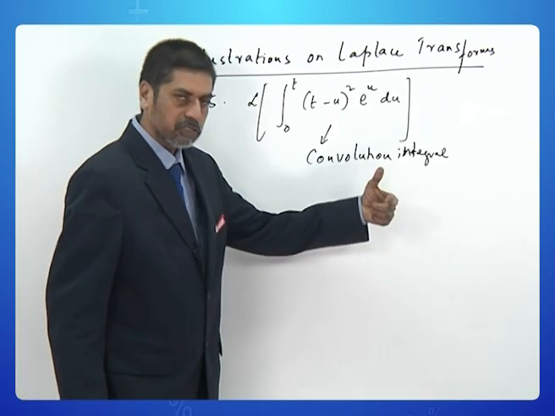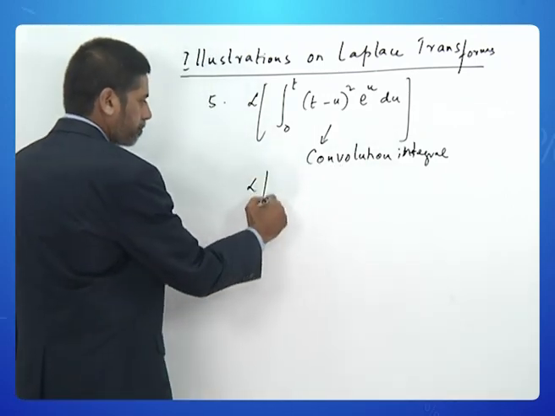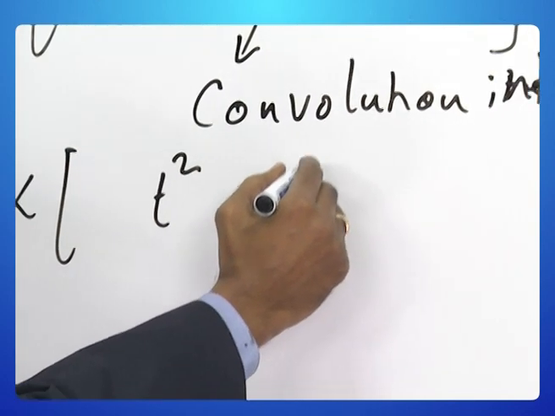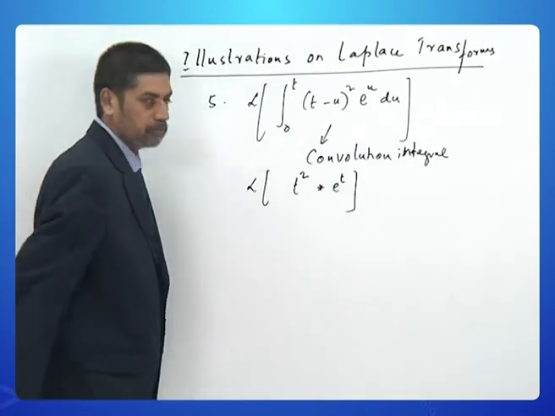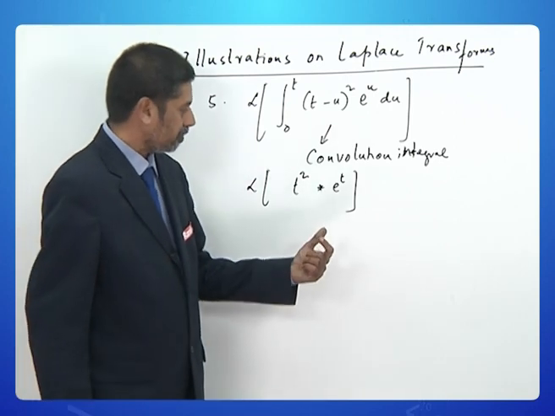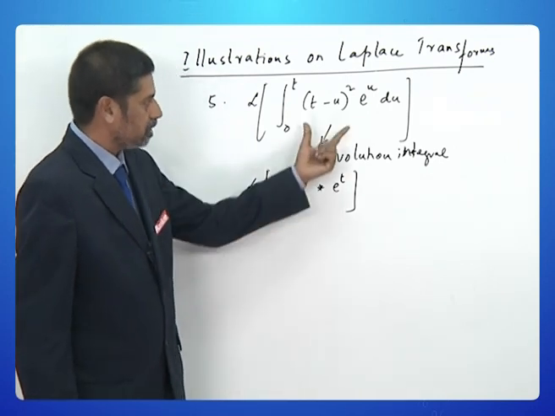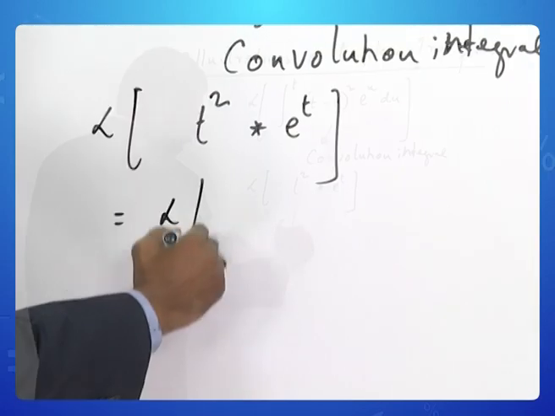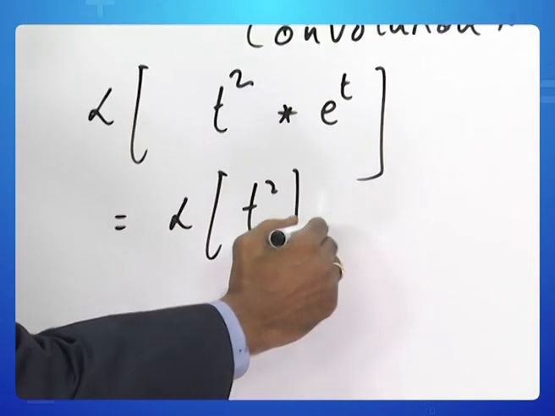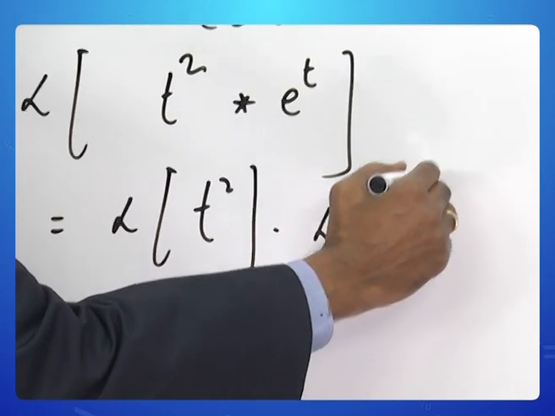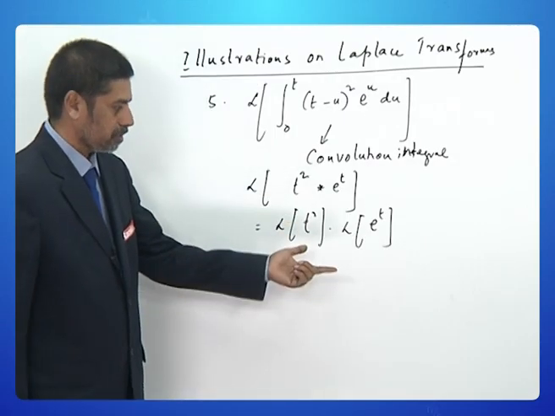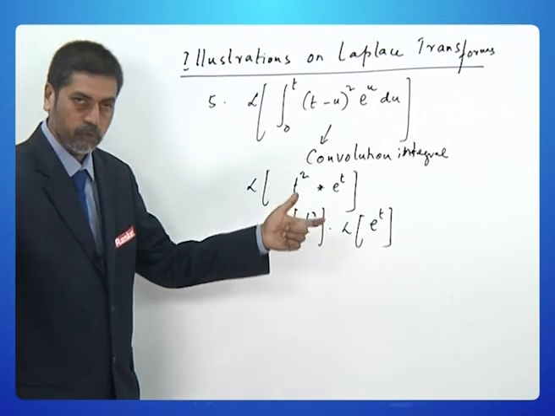Convolution of what functions? It is t square and e power t. Please go back to the old lecture and refer. The convolution of this is this. So therefore, this is nothing but Laplace transform of t squared into Laplace transform of e power t. Convolution theorem says that. Of course, it's commutative. You can write it any way you want.